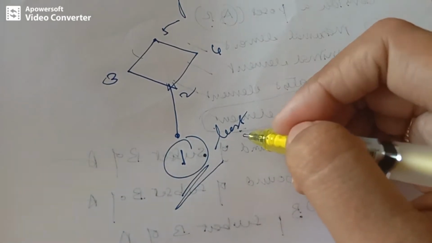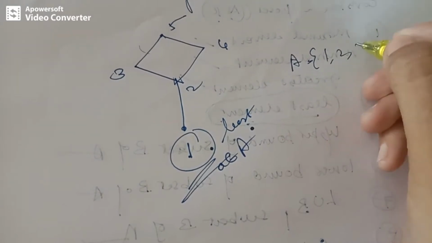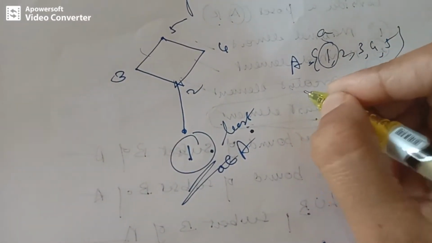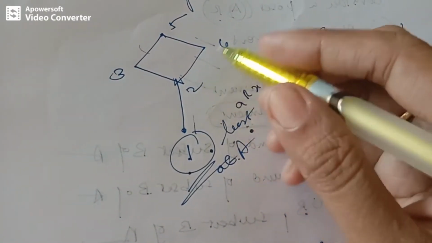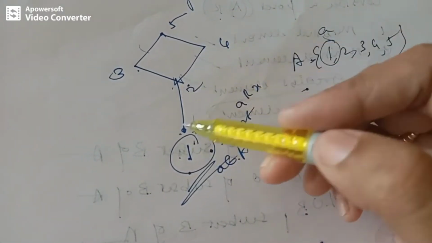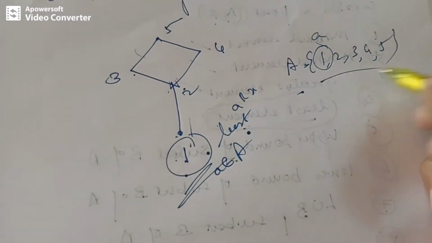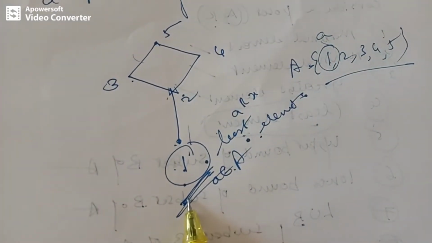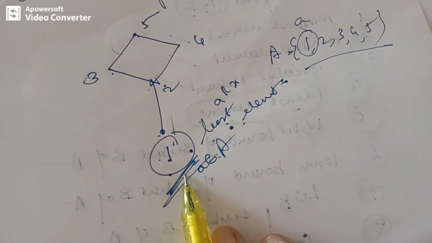Obviously this set consists of 1, 2, 3, 4, 5. 1 is related to 2, 1 is related to 3, 1 is related to 4, 1 is related to 5. So this should be related to all the elements in the set, then we can call it a least element. That is the definition. According to this example, 1 is the least element.